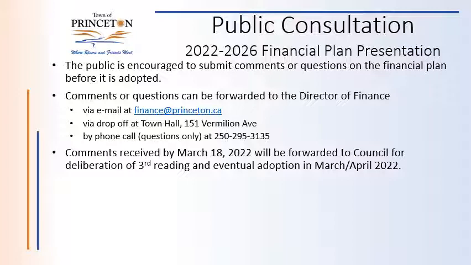Balanced budget is required by the community charter. Deficit spending is not permitted. So we get it to a position where it has a positive balance when all is said and done. And then it goes in front of council for first and second reading, which is where we stand today.